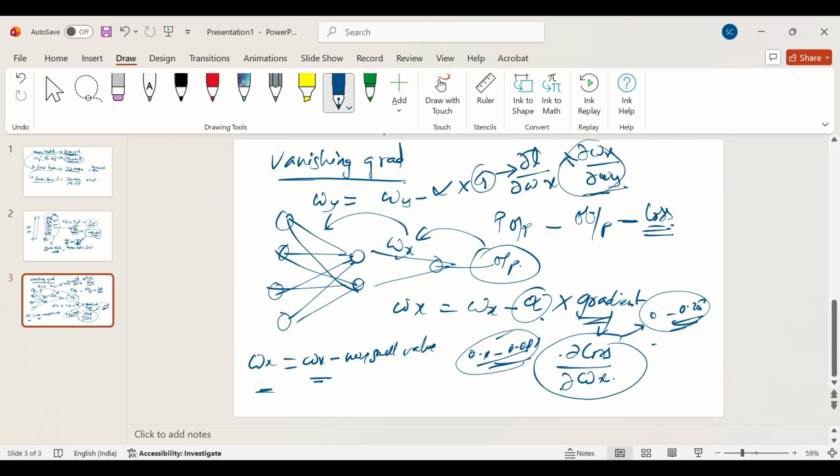So these all derivatives are small values if you apply a sigmoid activation function, and this derivative basically tells you how much your loss is changing with respect to your weights, and if that is a very small value and your learning rate is also a very small value, then multiplication will give you an even smaller value, and practically your weights are not changing. Subtracting something very small from this means this is practically the same.